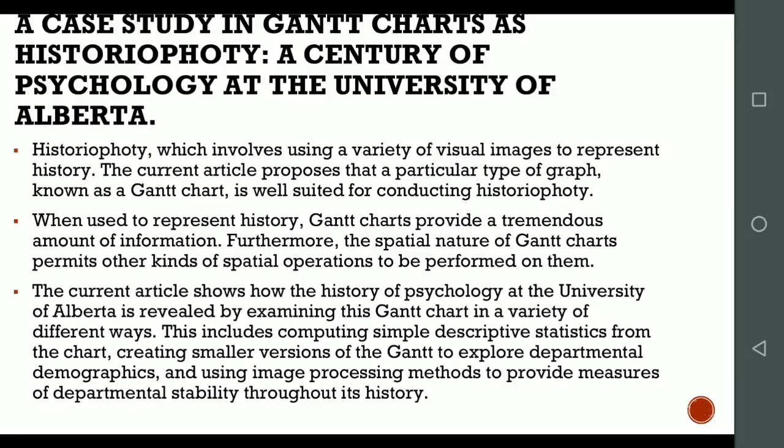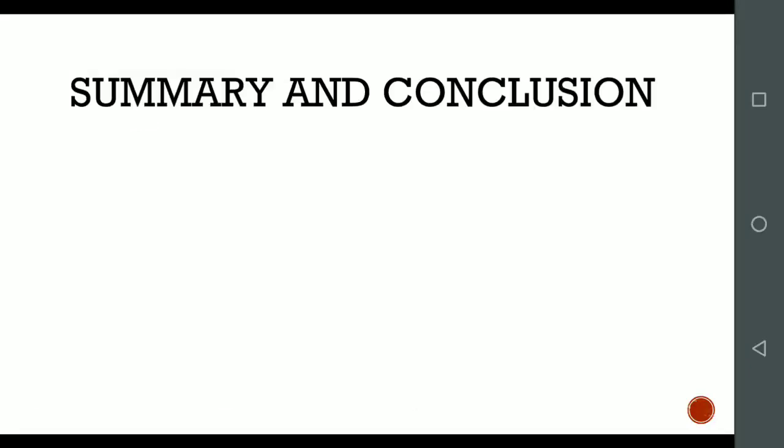This includes computing simple descriptive statistics from the chart, creating small versions of the Gantts to explore the departmental demographics, and using image processing methods to provide measures of the department's stability through its history. So that was the case study of the Gantt chart at the University of Alberta, where it was being used.